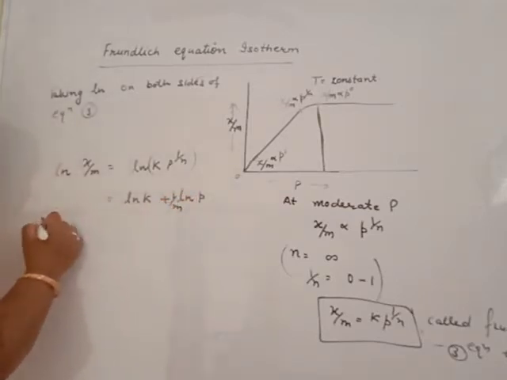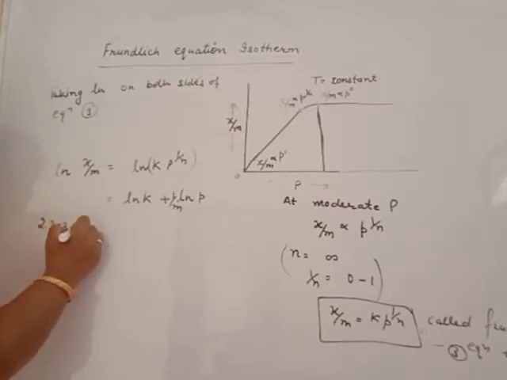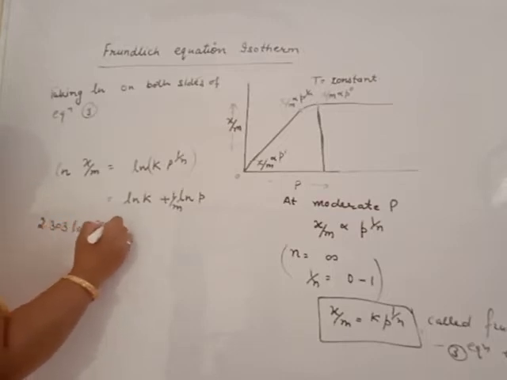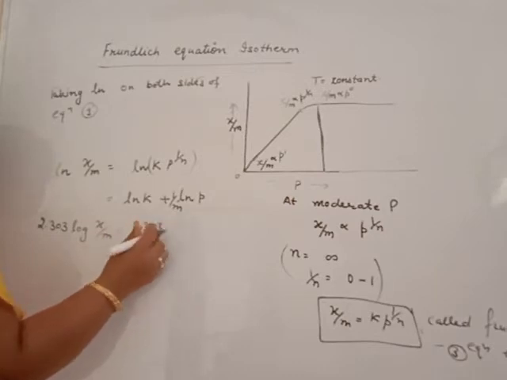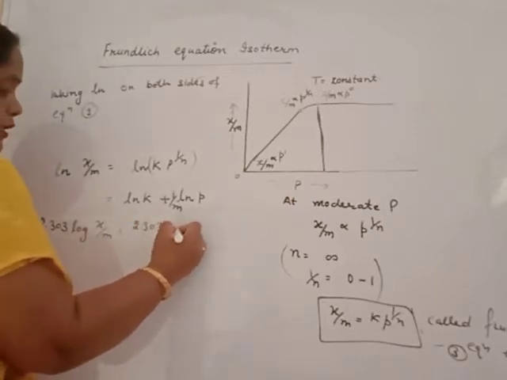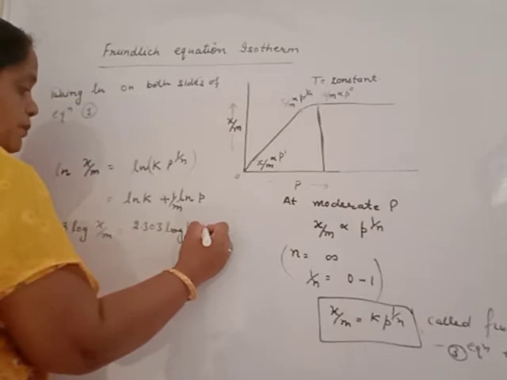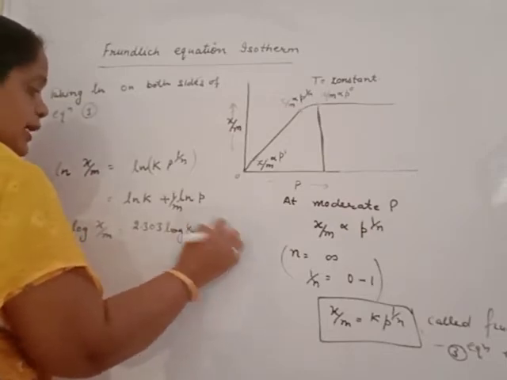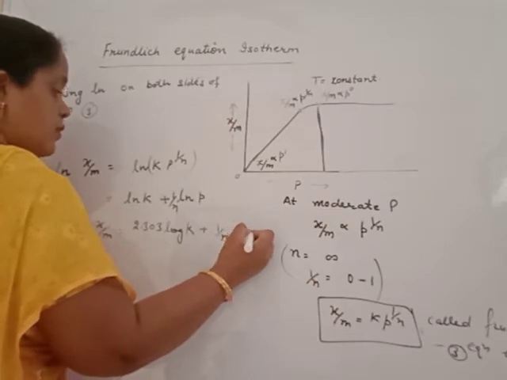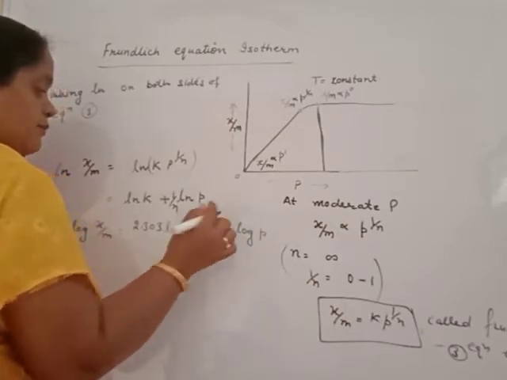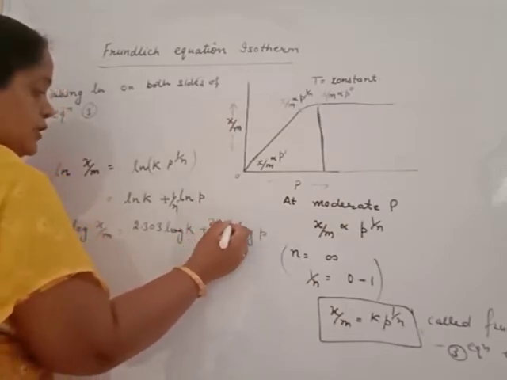Converting ln by 2.303 log, 2.303 log of x by m equals 2.303 log of K plus 1 by n log of P, with 2.303 multiplied on both sides.